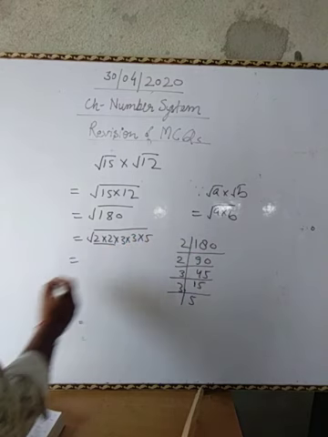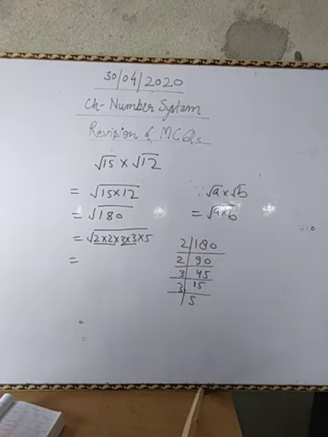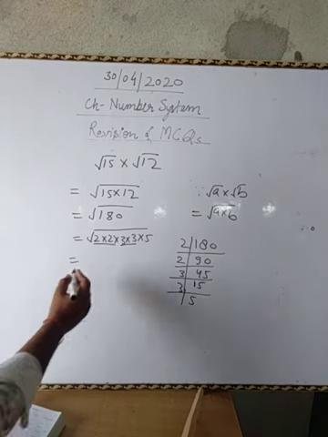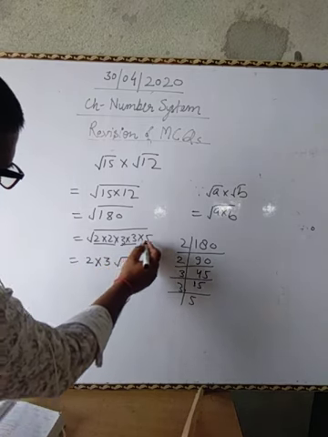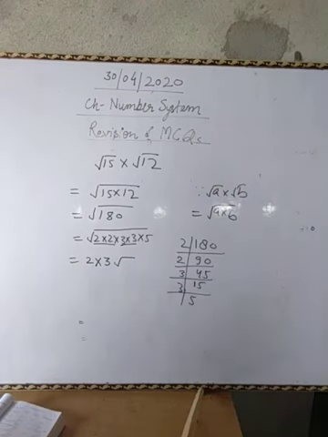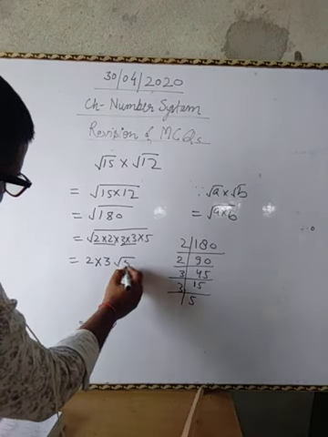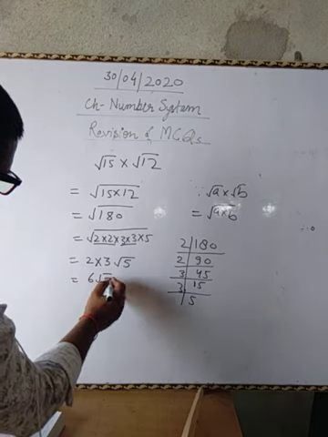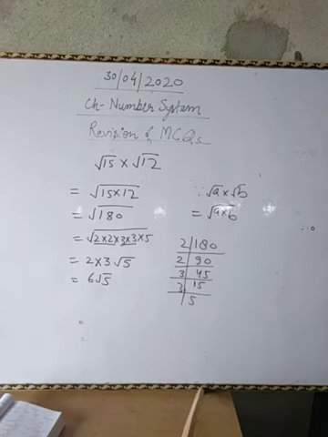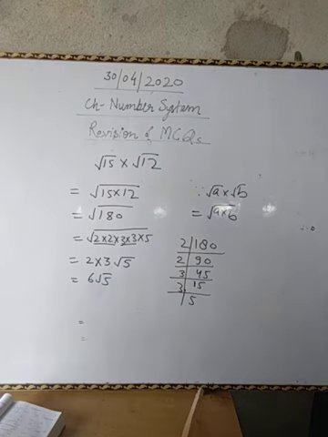There is a pair of 2 and a pair of 3, and from each pair we can take out one number. So this is 2 into 3, and since 5 is unpaired, 5 will remain inside. So it is 6 root 5. Okay. So this is the example of the question.